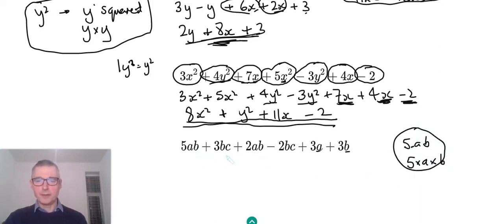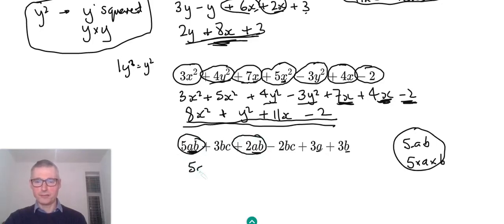Okay. Now I'm looking again for collecting up like terms. We have to remember that ABs are not the same as BCs, and they're not the same as A's on their own or B's on their own. So we've got to look for exactly ABs when we're looking for the thing to collect it up with. First of all, I'm going to write the 5AB and the 2AB next to each other.